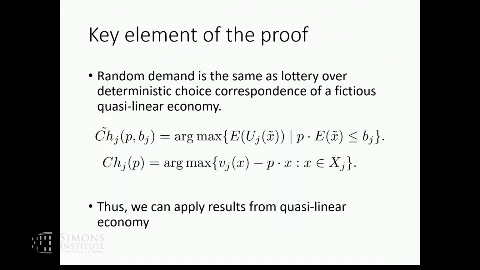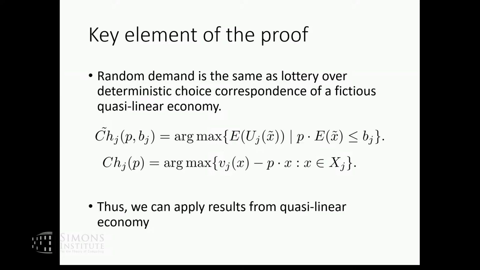Very good. So the key element of the proof is actually quite simple. I look at the random choice, which is characterized by: what are the optimal lotteries that I can consume? I write that out as a linear program, and there's a dual of that program.